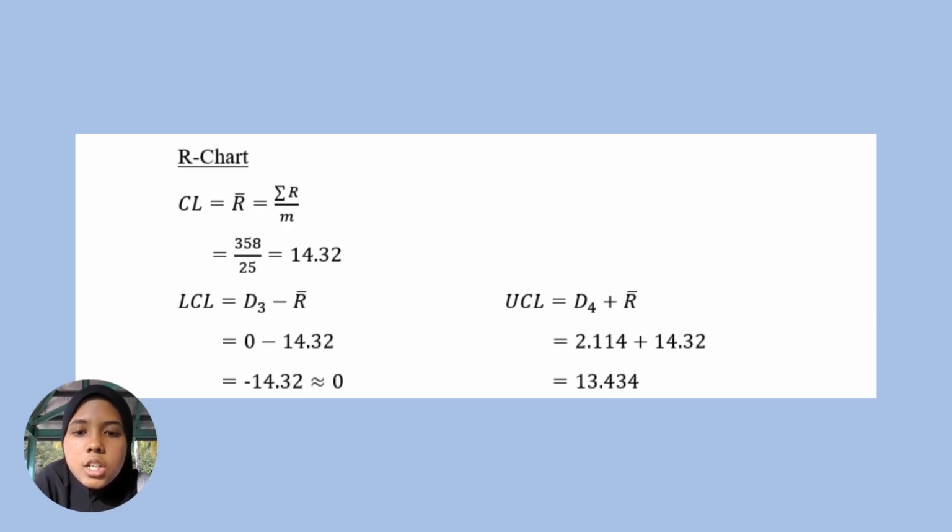For the lower control limit, the formula is D3 times R-bar, which is 0 times 14.32, and the answer is 0. For the upper control limit, the formula is D4 times R-bar, which equals 2.114 times 14.32, and then the answer is 30.2725. And then I would like to show the graph for the R chart in the next slide.